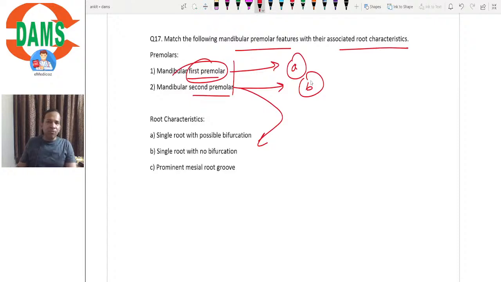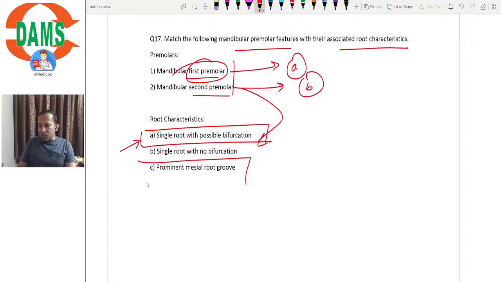Anyways, both these premolars have a single root without any bifurcation. But when you look at the language of this option, a single root with possible bifurcation, it says yes, it has a single root, but there is a possibility of bifurcation, right? So that's why we'll select it for first premolar, because the chances of bifurcation are higher in first premolar.